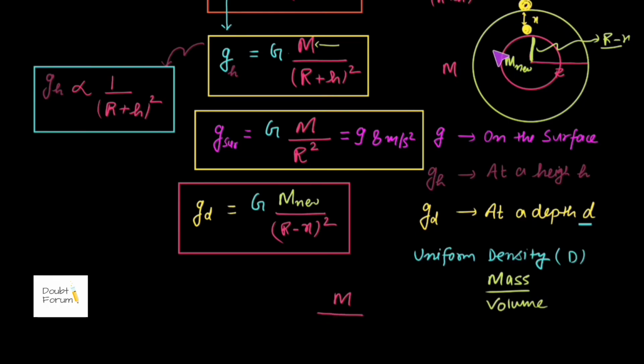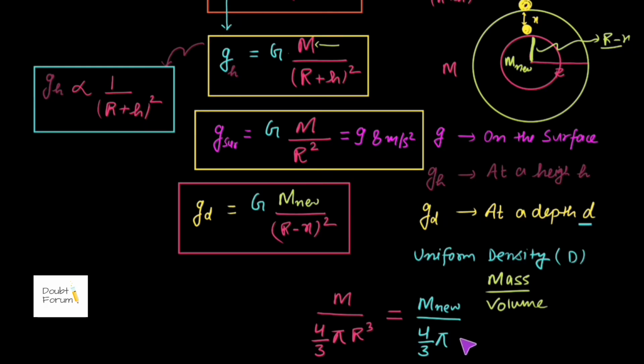Because the Earth is spherical, the formula of volume for a sphere is 4 by 3 pi r cube, where r is the radius of the sphere. So this is for the whole Earth, and I am equating this with the density of the smaller sphere. The mass of the smaller sphere is m nu, divided by its volume, 4 by 3 pi into r, where r is the radius of the smaller sphere, which is r minus x.